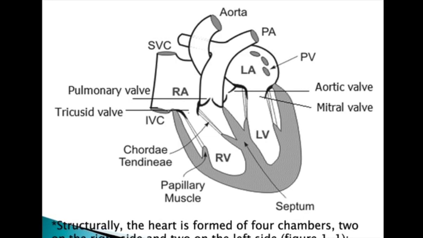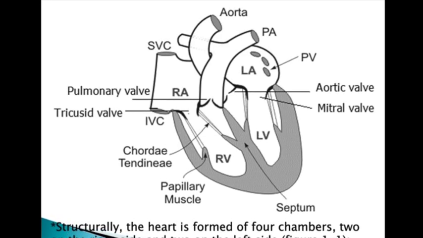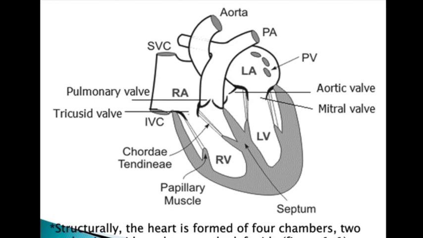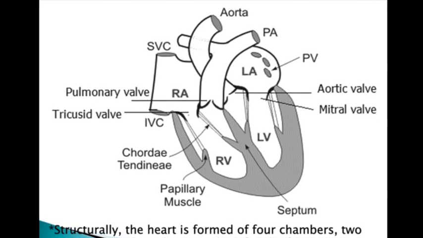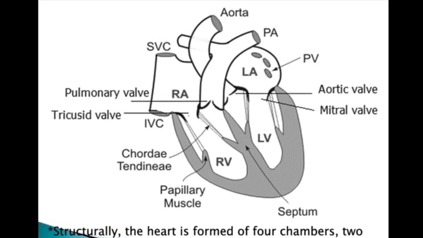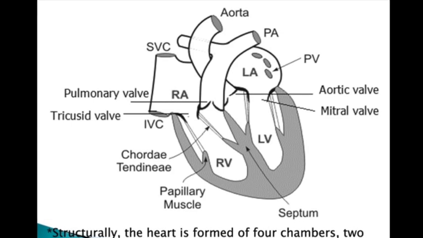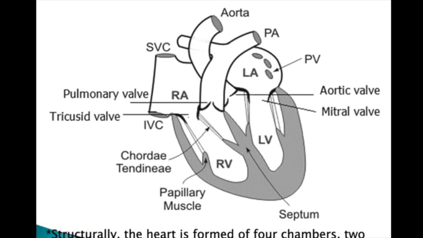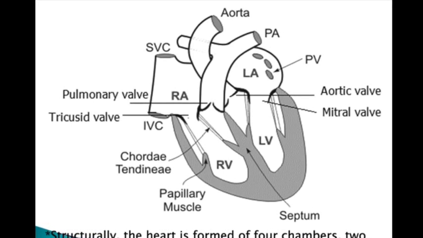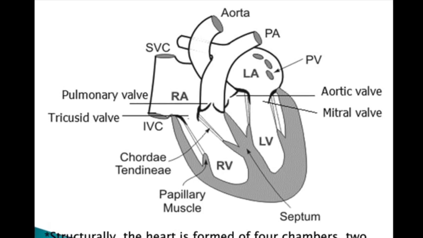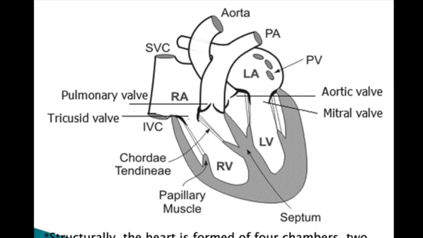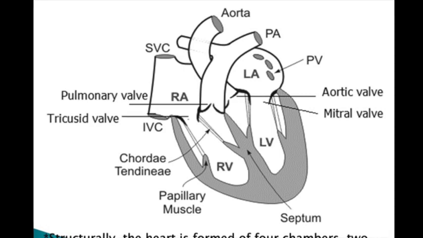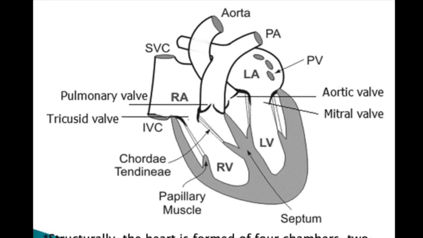Your heart is a muscular organ about the size of your fist. Your heart is divided into two parts, right and left. The division prevents mixing between oxygen-rich blood and oxygen-poor blood.